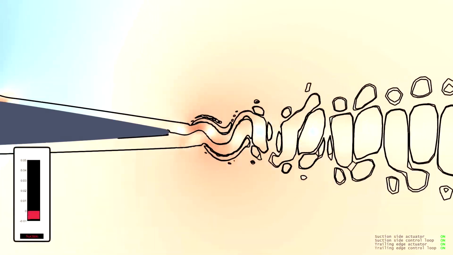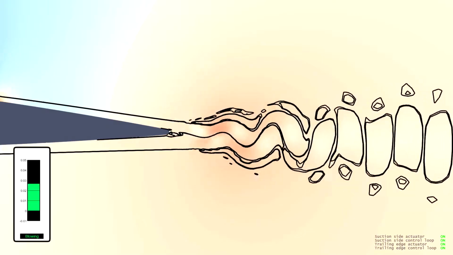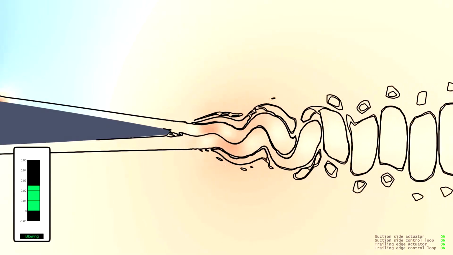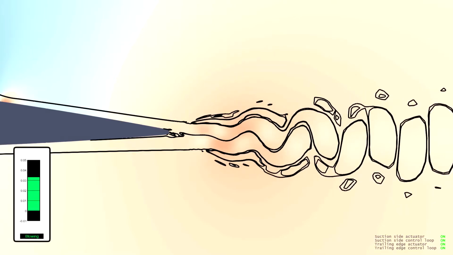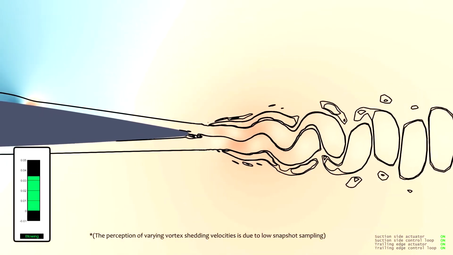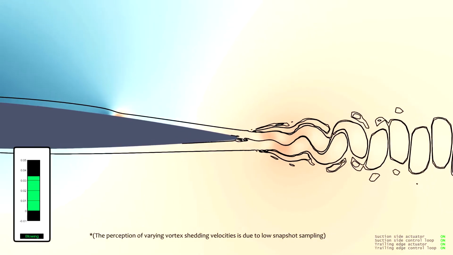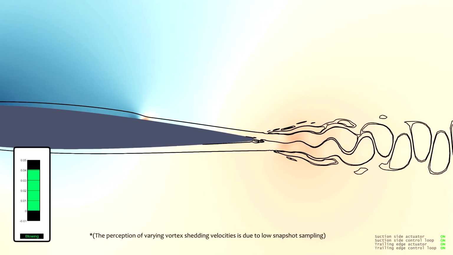By using slope-seeking control, we can find a quasi-optimal suction or blowing intensity to suppress noise. That bar indicates the intensity. Notice that for higher blowing values, the oscillation amplitude at the street decreases.